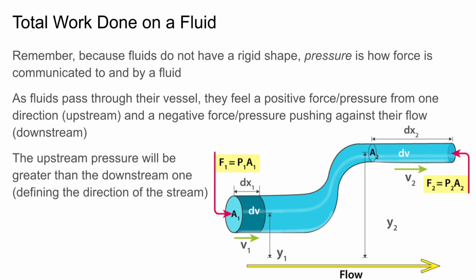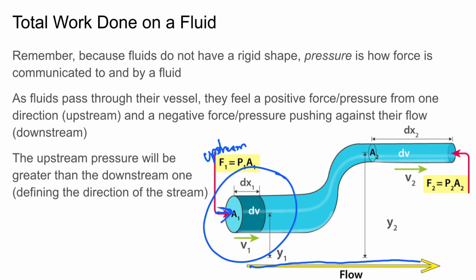So basically, over here on the left side, this is our upstream, because our force is being applied in the direction of our flow, right? That force is pushing the fluid along through what we call a stream until it gets to the downstream.